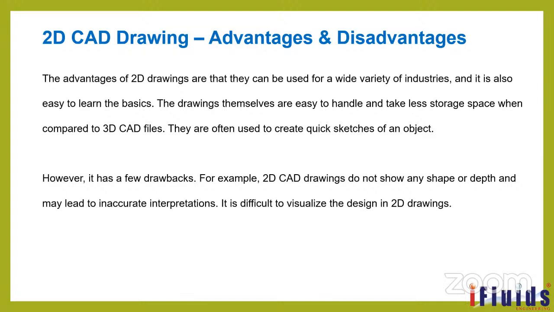It may lead to inaccurate interpretation, because if a layman or top management who don't have any engineering background want to see a 2D drawing, it is a little complicated for them to visualize how the plant is going to be, where it is going to be, how the drum or the column is going to look in the plant, where we are going to install it, and how it is going to be erected. All that is complicated when imagined with a 2D CAD drawing.